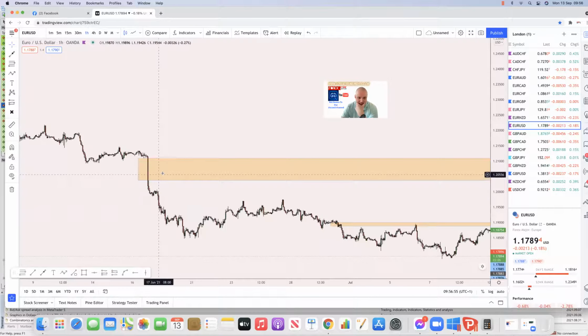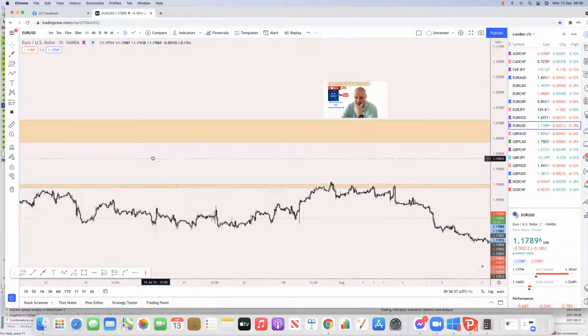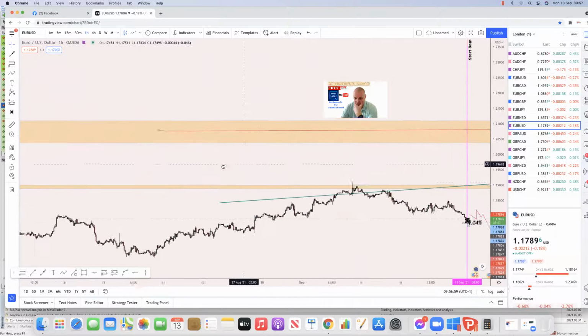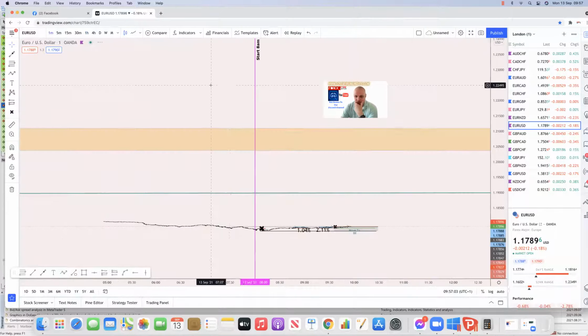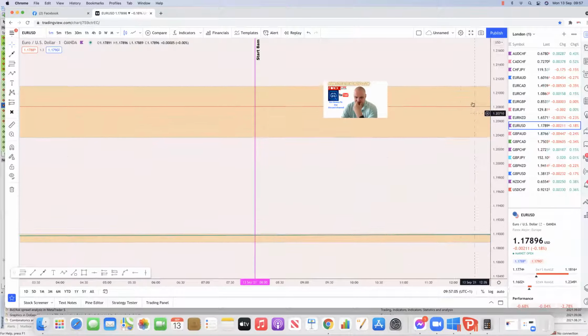See the imbalance that has got to be met at some stage. Let's just scroll back along on here. Just go back to the 1 minute.